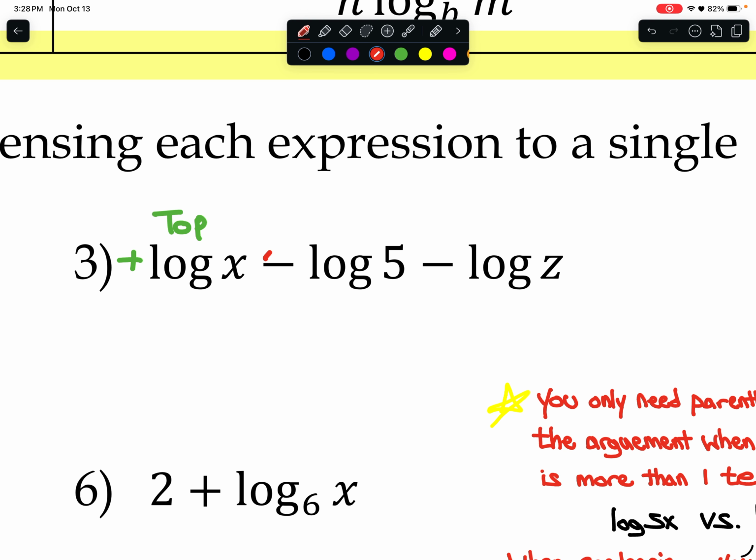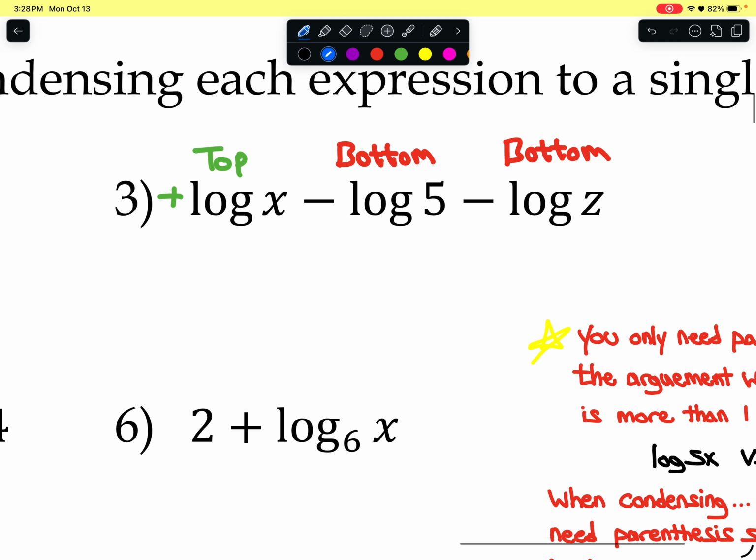And if your value is ever negative, that means we're going to write that argument value in the bottom. So it's also negative over here, which means this will also be rewritten in the bottom. So when I rewrite my log, this is going to be log of my x value, which is on top, and then I have 5 and z on the bottom, so that would be log of x over 5z.